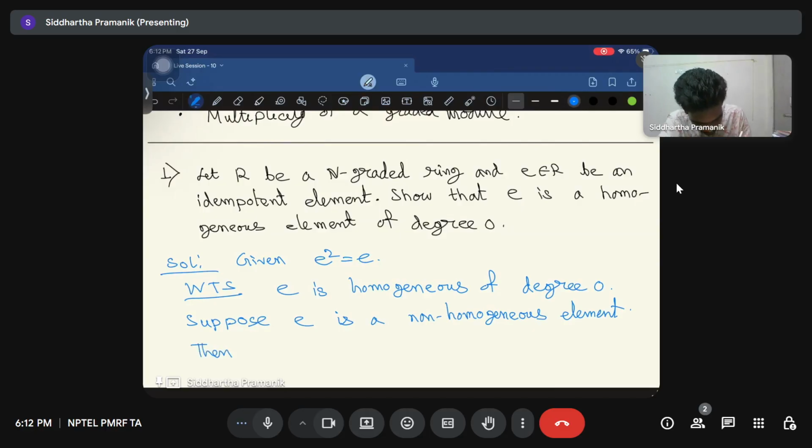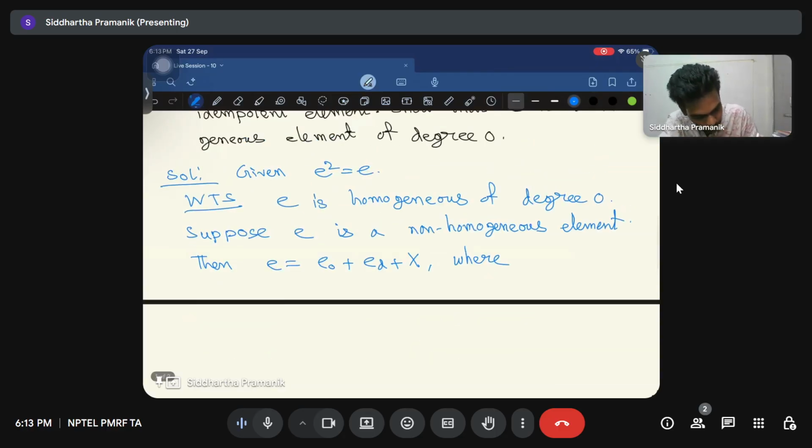So e is basically e0, the zeroth component, plus let's say e_d, plus let's say x, where e_d is the smallest possible positive degree component, or we can say e_d is the lowest positive degree component.